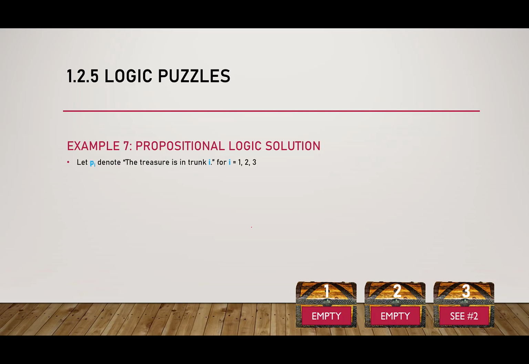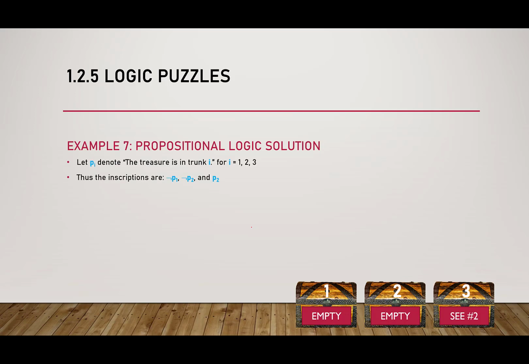We're going to use Pi here, right? Let Pi denote the treasure is in trunk number i, and just like we're doing a loop here, for i is 1 through 3. All right, so this can help us out. And then if we use that, these are the inscriptions.